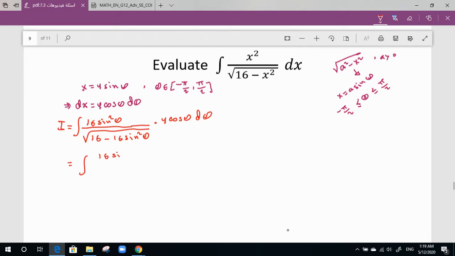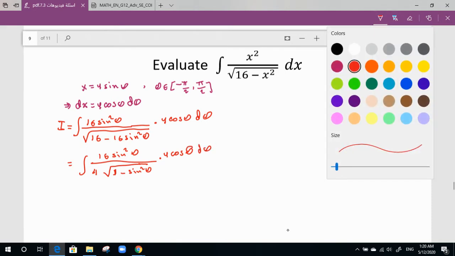In the radical in the denominator, I will take 16 as a common factor and take it outside the radical. So radical 16 is 4, and inside the radical, 1 minus sine square theta, times 4 cosine theta d theta.